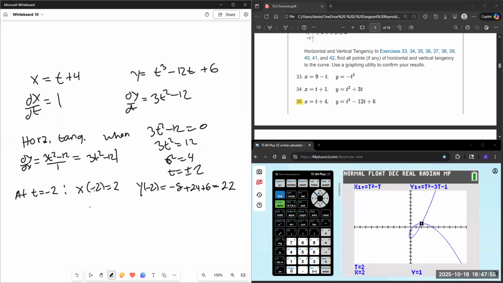And this, when t is equal to -2, is equal to 12 minus 12, which is 0. I knew that because I'm finding where it's equal to 0. So this horizontal tangent line here will be at y equals 22.